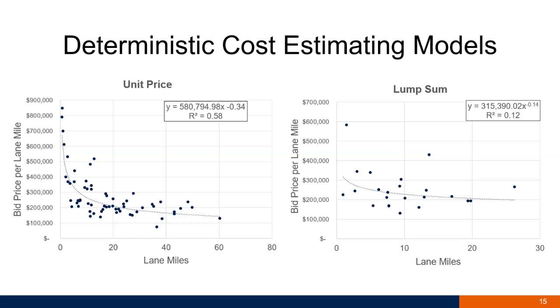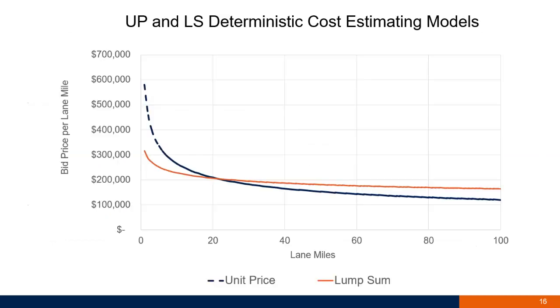We did that for unit price projects and lump sum projects. We found the trend lines have these 2 equations. So we joined both trend lines together to come up with this graph.